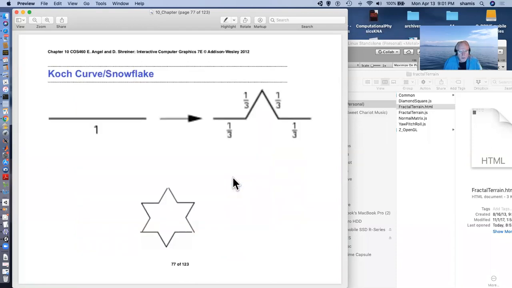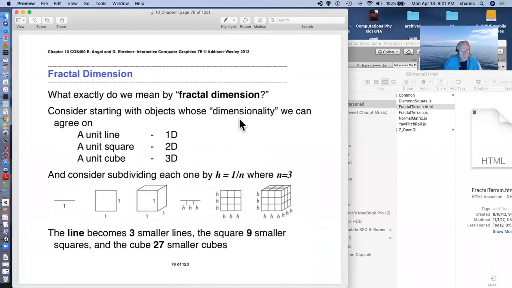So let's go back and look at this Koch Snowflake, where we take a single line, break it in thirds, and move one point up, making 2 more sides of a third. And I want to talk a little bit about what we mean by the fractal dimension. So let's talk about objects whose dimensionality we can agree on. A line is 1-dimensional, a square is 2-dimensional, and a cube is 3-dimensional.